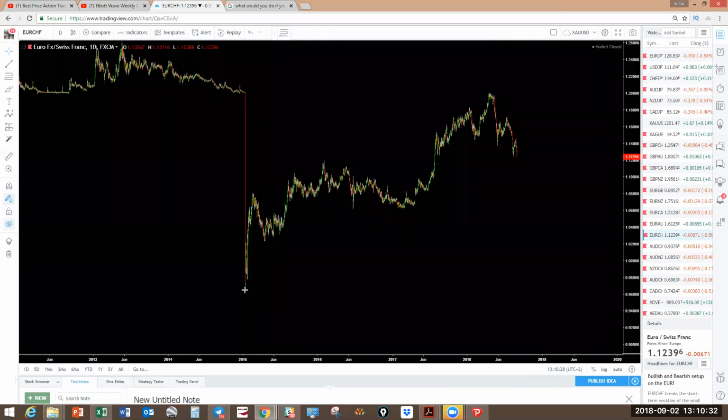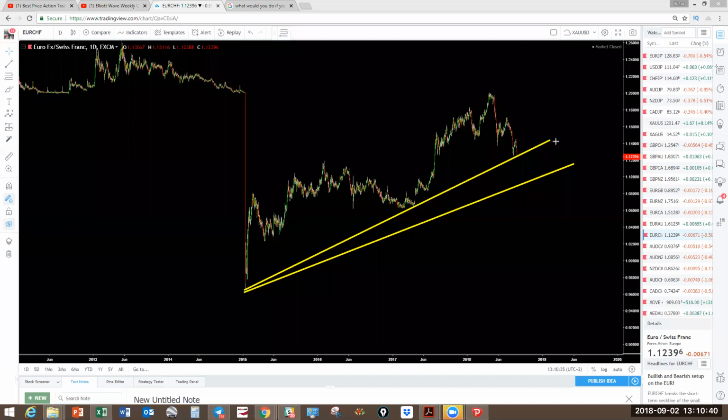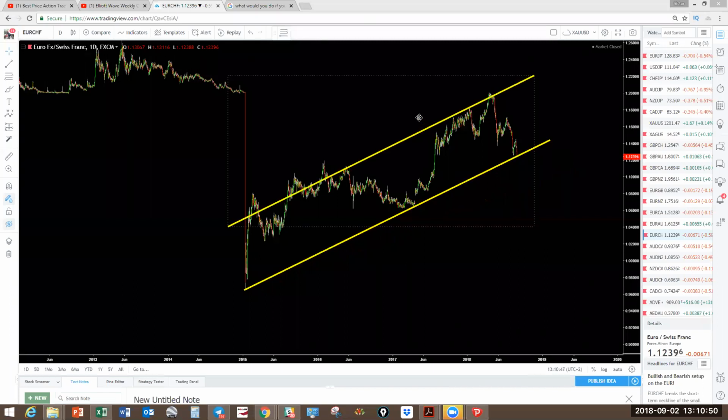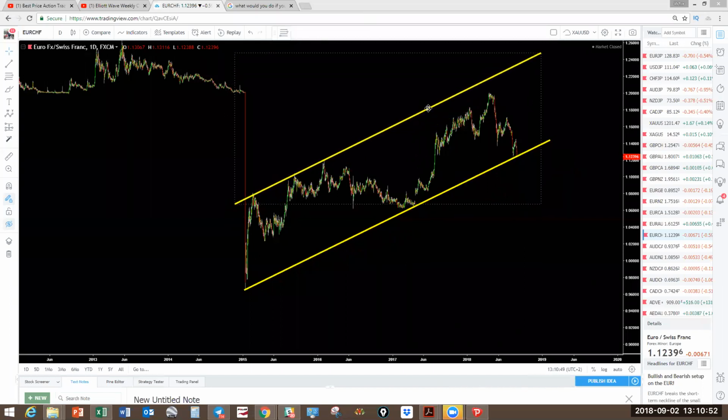Remember, when I do this, I am not doing this because I want to trade the break of a trend line. I'm doing this because I want to check the channels. The channels tell me whether the structure is complete or not. So if we just do this one here, it doesn't have to touch. That's my channel. So let's see how this one plays out.